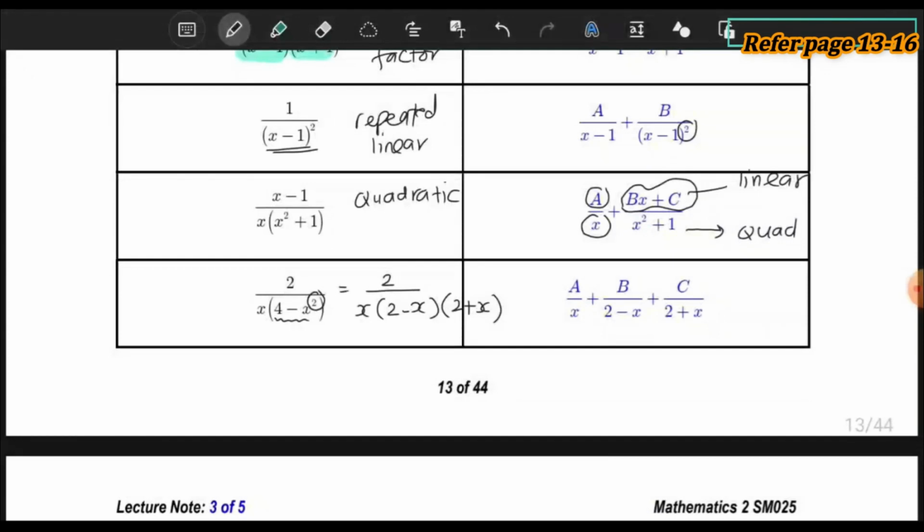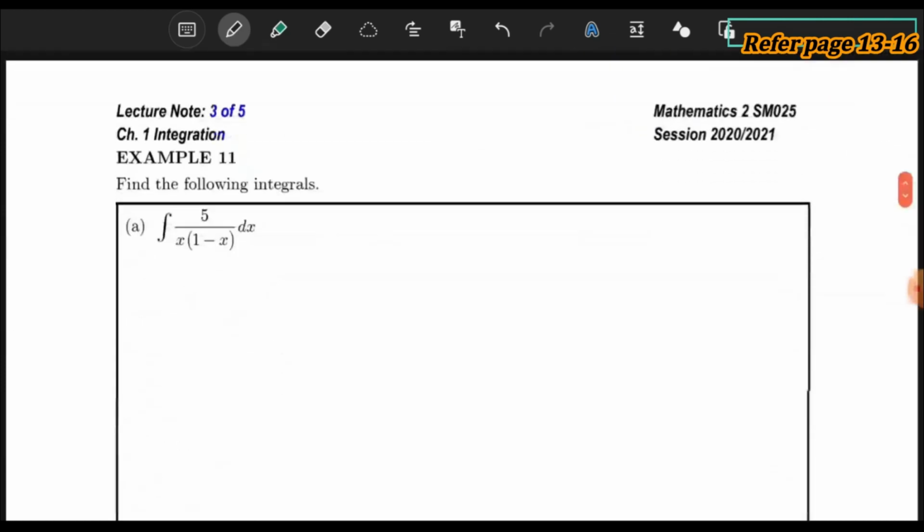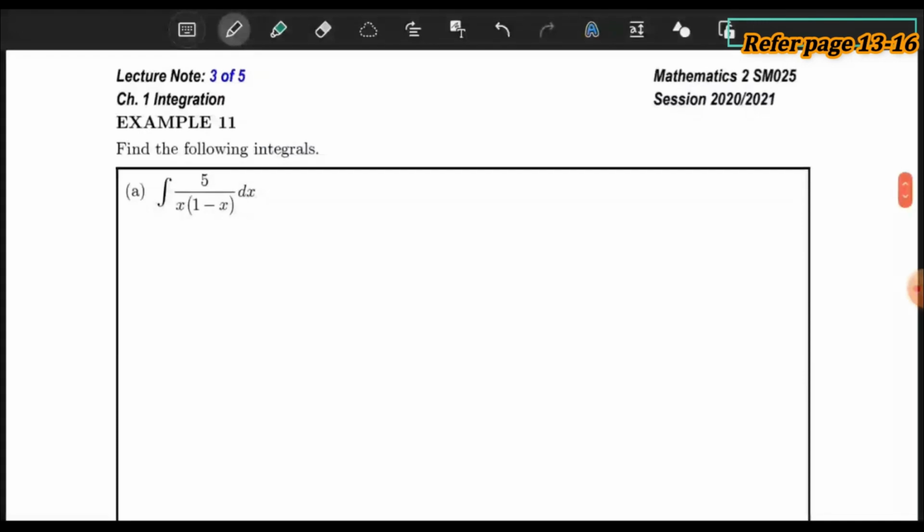You need to use linear factor, except for a quadratic factor that cannot be factorized. For the quadratic that cannot be factorized, we need to use bx plus c or ax plus b as the numerator. Okay, class? So, we go to example number 11.